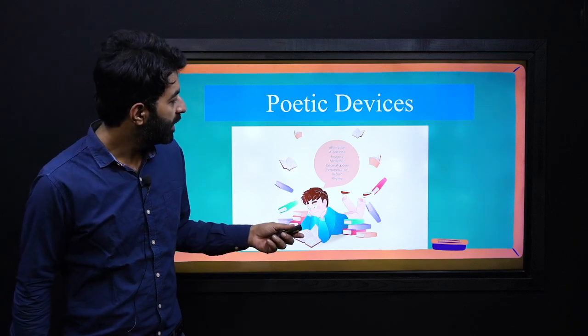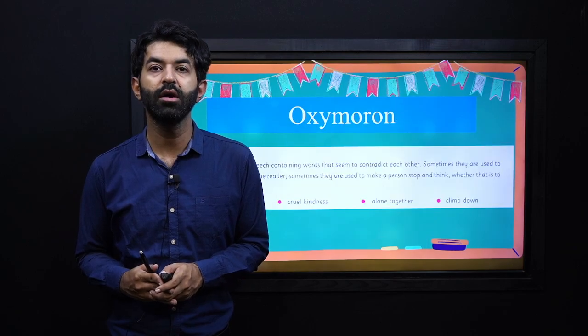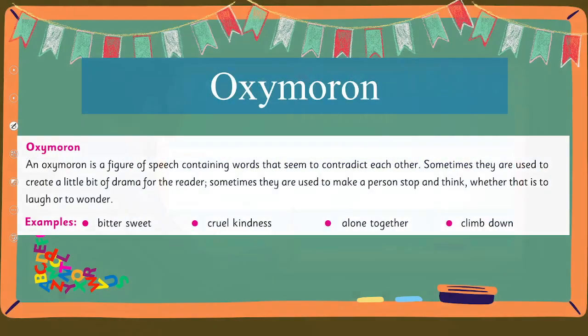Now, here are all these poetic devices mentioned over here, and let's talk about oxymoron first. So, what is oxymoron? An oxymoron is a figure of speech containing words that seem to contradict each other, words that are opposite to each other, but they are used together to create a flow and a very good effect.